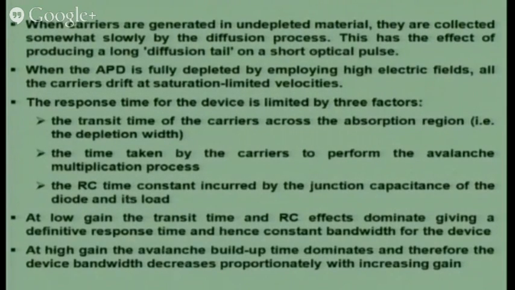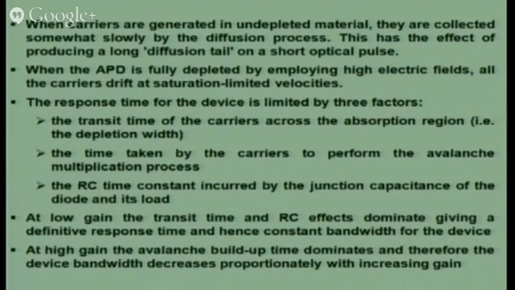When carriers are generated in the undepleted material, they are collected somewhat slowly by the diffusion process. This has the effect of producing a long diffusion trail on short optical pulses. Basically, we want the light to be absorbed in the depletion region, and then multiplied at the gain region.